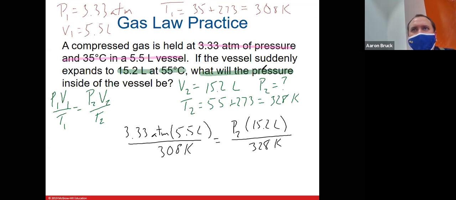All right, just like last time, it's the same exact setup. It's the same exact variable we're solving for. I'm going to multiply both sides by the same fraction, and that fraction is essentially the flip of the other variables next to P2. So 328 Kelvin on the top, 15.2 liters on the bottom.